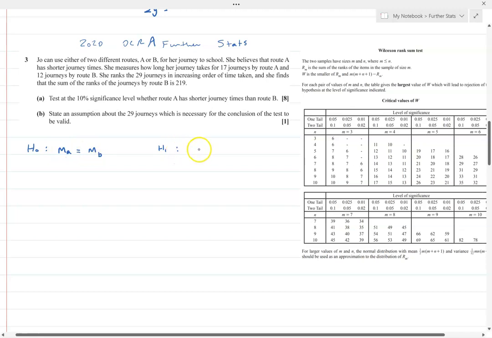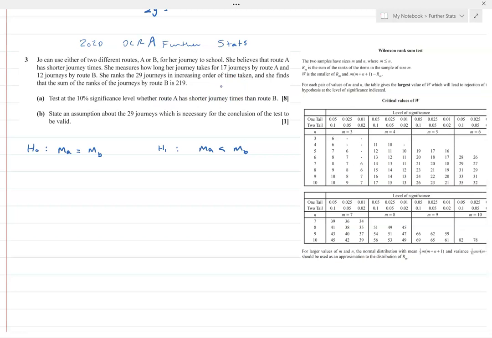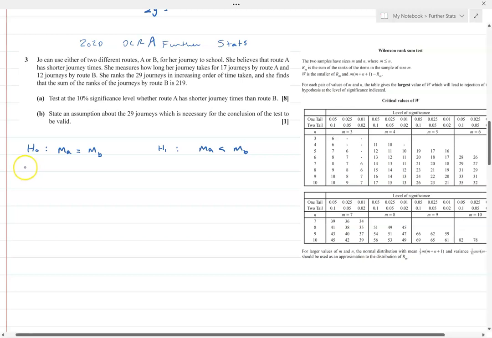And H1 is that MA is less than MB, and that's simply because it's what it's asking for here, journey times, route A. Okay, so that's the hypothesis, but we probably better define our variables, where MA and MB are the median journey times on route A and route B.